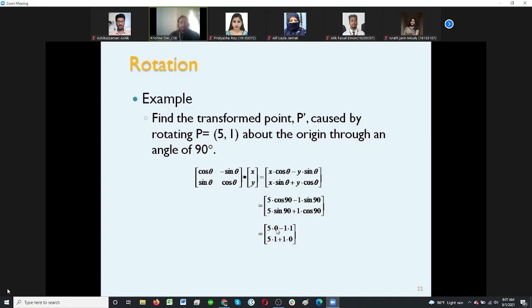So 5 times 0 and minus 1 times 1, and here 5 times 1 plus 1 times 0. So we get minus 1 here and 5 here, because the others are 0. So minus 1 and 5 is the new position of that object after having that 90 degree angle.